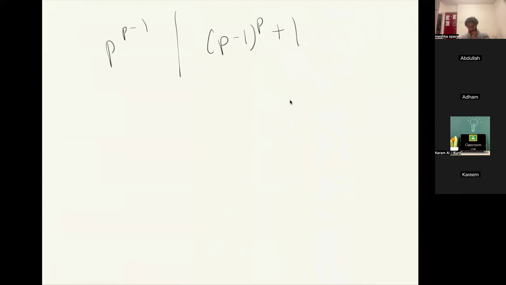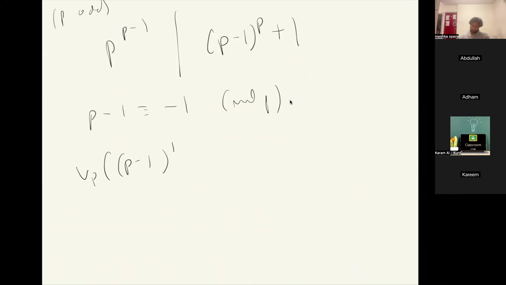What do we do with this? p minus 1 is congruent to minus 1 mod p. We can use the lifting the exponents theorem, exactly. So we say vp of p minus 1 to the p, I guess we had p was odd, right?